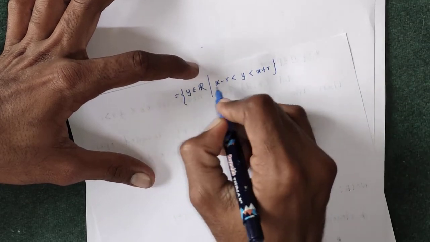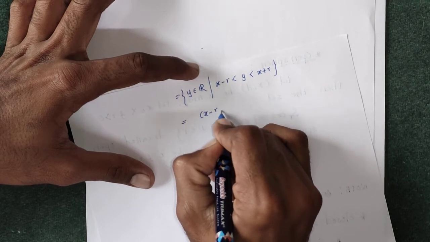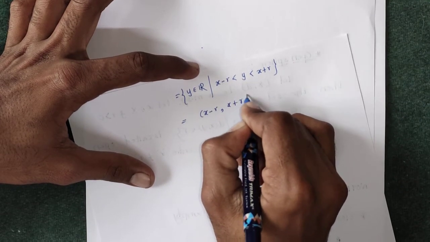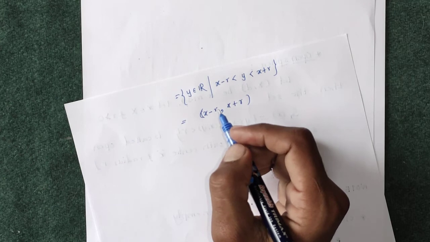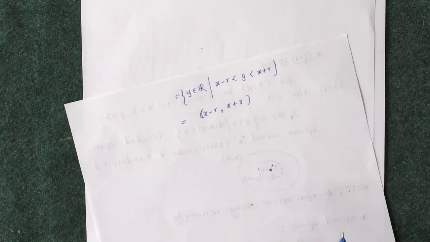So y belongs to R such that y is in between these numbers. So this is just the interval (x minus r, x plus r). Hence the open sphere in the real numbers with usual metric is just the open interval.